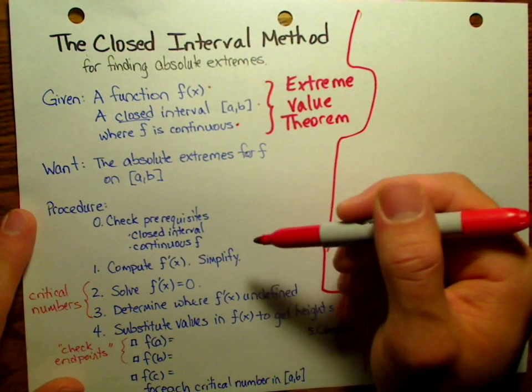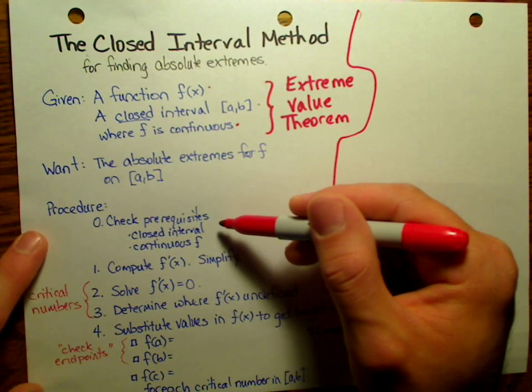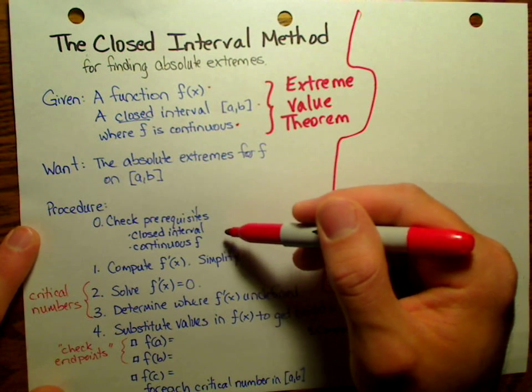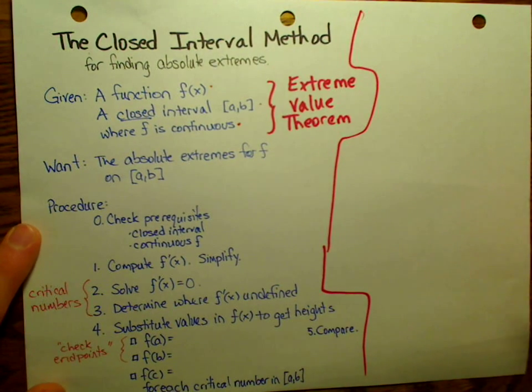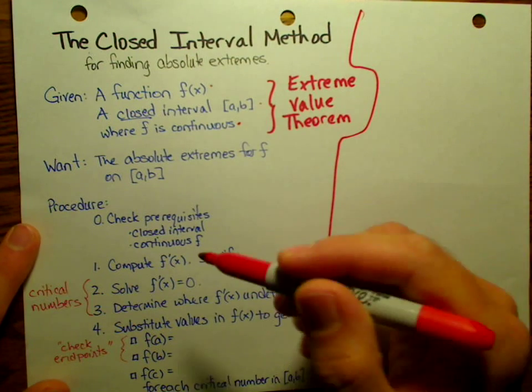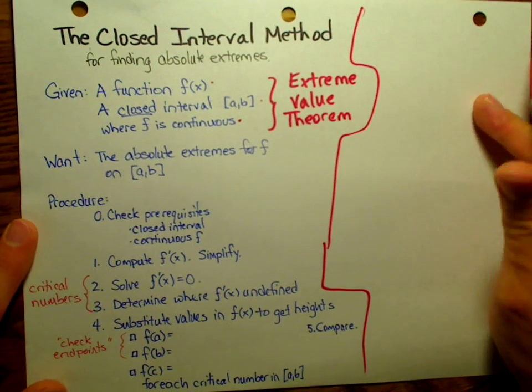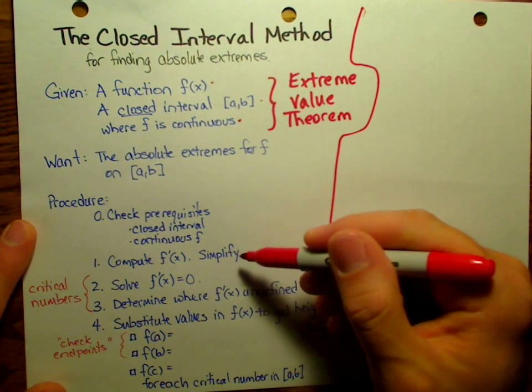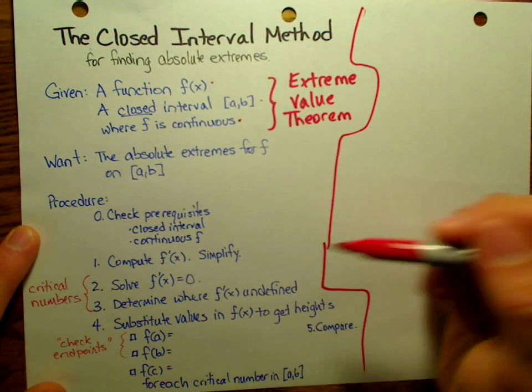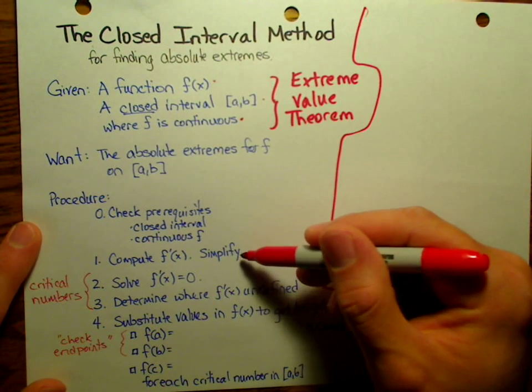The procedure that this really follows is step 0, check the prerequisites. This should be true of any procedure. Your step 0 should always be checking the prerequisites. Make sure the function involved is continuous on the closed interval that you're given. Next, you want to find your f prime and simplify it.